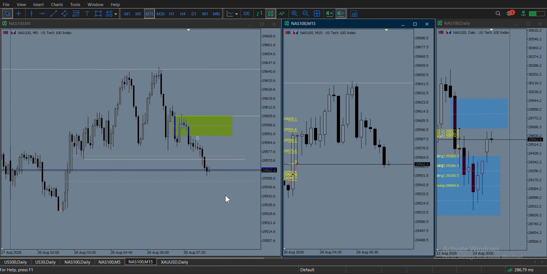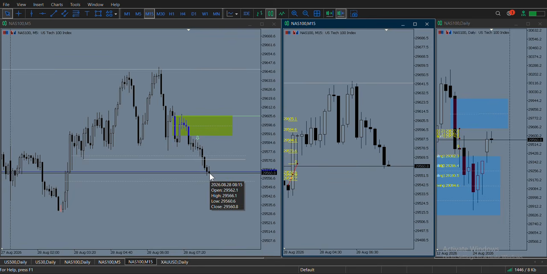So far it has all been weakness here. We've not gotten any inefficiency here. We've just opened this 15-minute, a little bit of retracement here, and we just pushed lower.